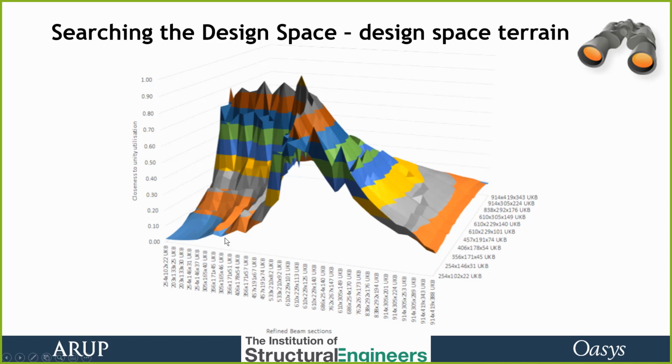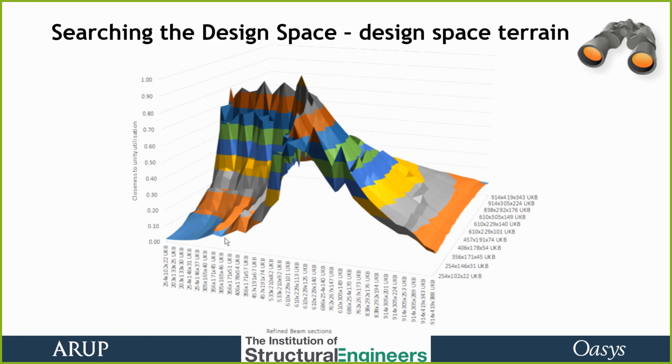So the design space itself, one of the reasons I wanted to have a model case where we just had two dimensions was to be able to actually visualize and see what the design space looks like. We often talk in design space about it being a terrain, having height, and that sort of thing.